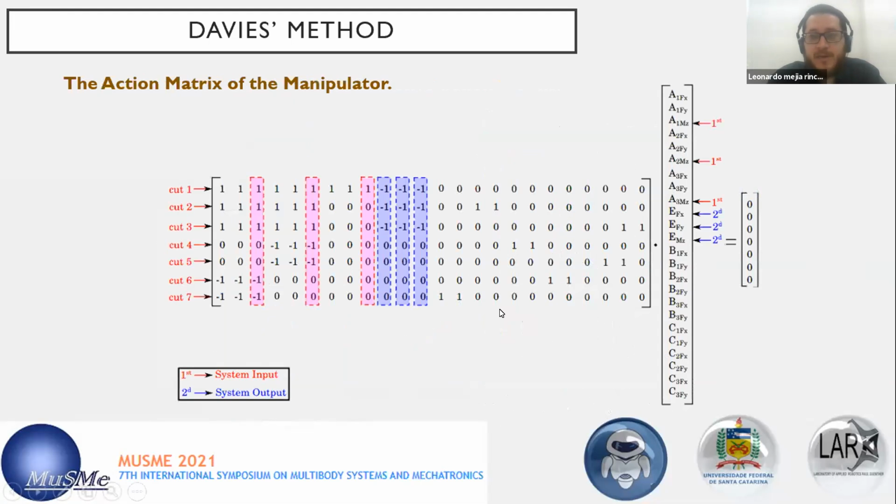So here we have a generic representation of the action matrix, representing all the cuts of the graph, where you can easily identify the primary and the secondary variables of the system. You can also understand those variables as being the input and output variables of the system.